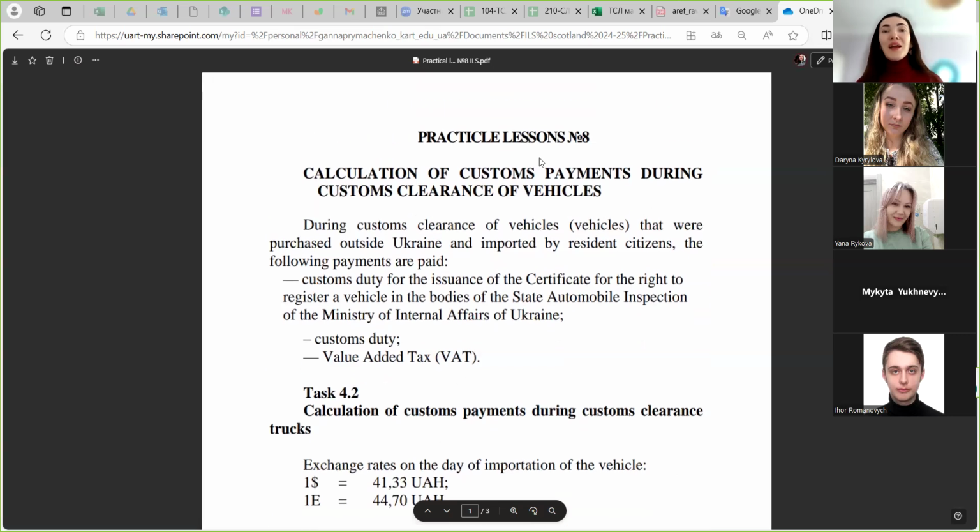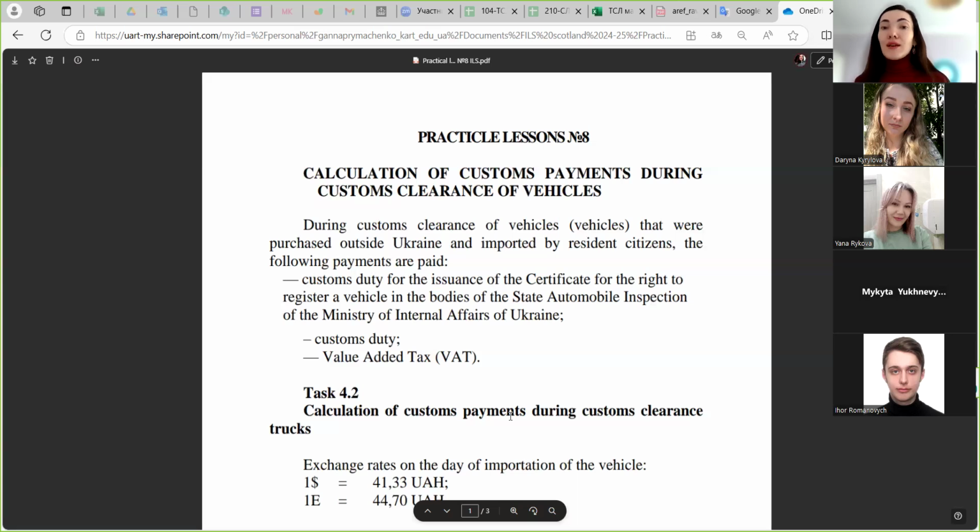It is calculation of customs payment during customs clearance of trucks. We use today the same information on customs payment, but in previous practical lessons we did it for passenger cars, and today we use it for trucks for different types of cargo.